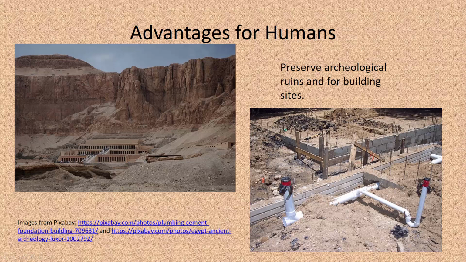Also, soil is necessary for building sites. So when you're going to put a building onto a certain location, you want to make sure you have the right kind of soil there, that soil is stable and it has the right mix of components so that it's not going to sink whenever there's a lot of rainfall. You don't want to build a building over the top of a cave, for example.